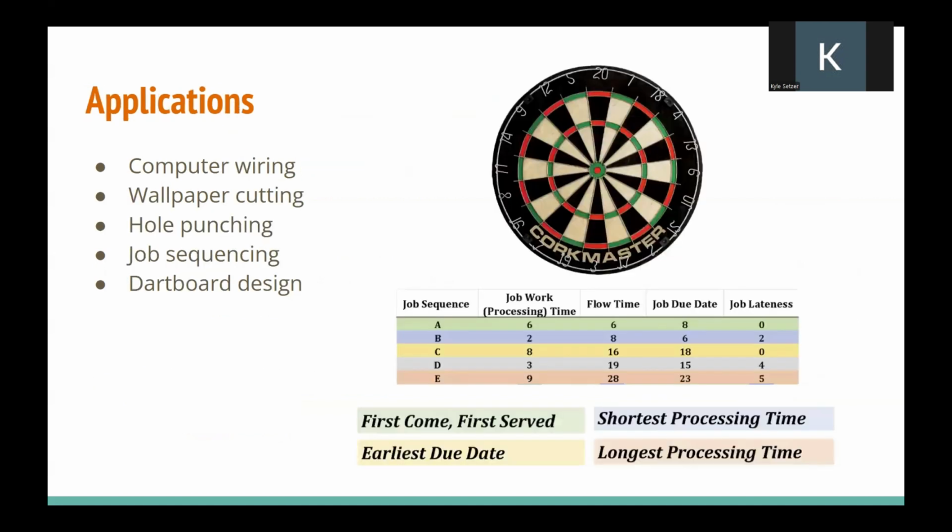There are some applications of the TSP, such as computer wiring or hole punching, but one that I'm particularly interested in is job sequencing, particularly because this is a computer science based application. In this case, we have processors in our computers that have to do a certain number of jobs in a certain amount of time.